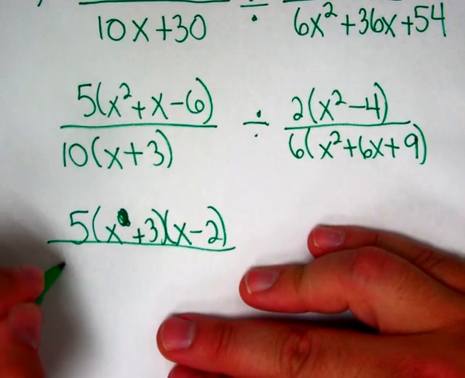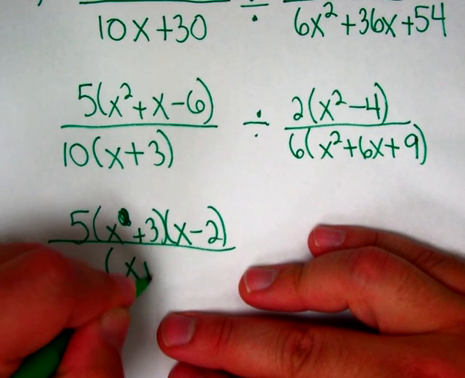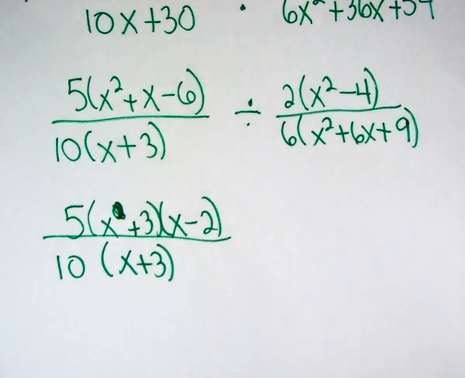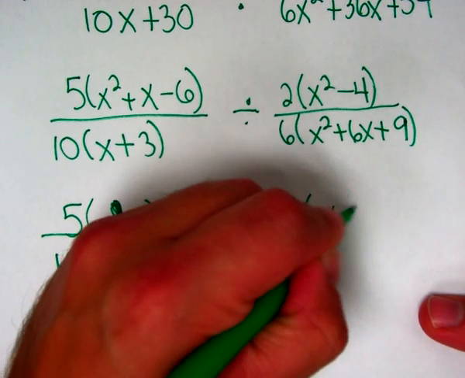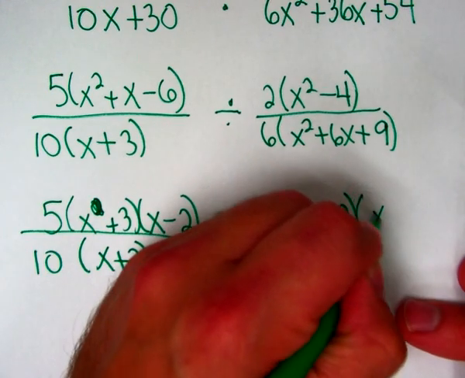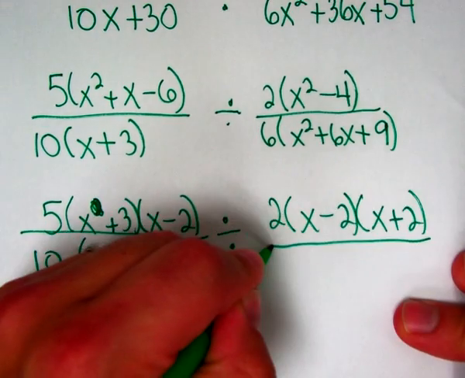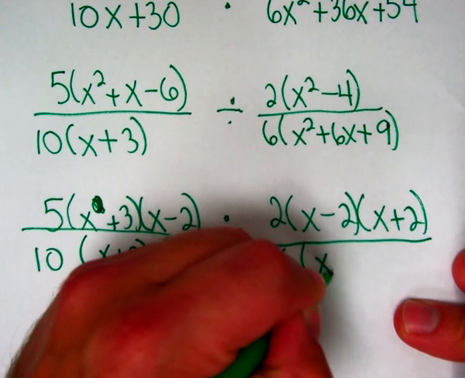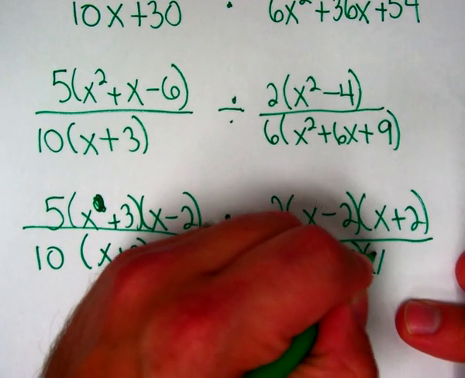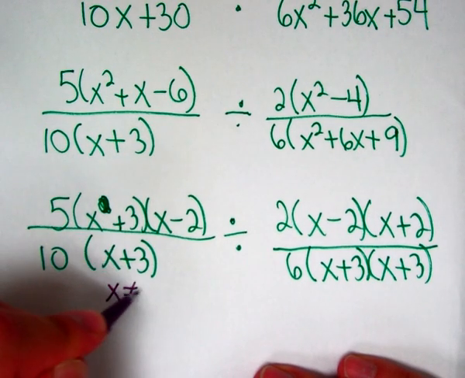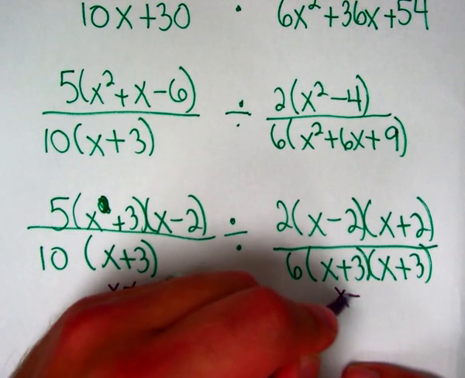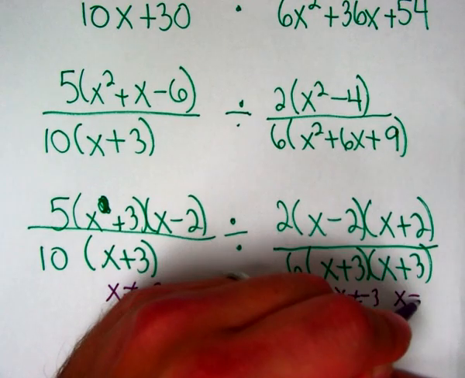This will be 10 times x plus 3, divided by 2 times x minus 2 and x plus 2 over 6 times x plus 3 times x plus 3. Let's talk the domain restrictions here. X cannot equal negative 3, x cannot equal negative 3, and x cannot equal negative 3.